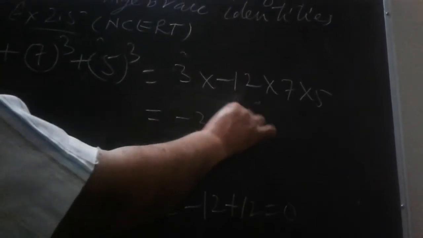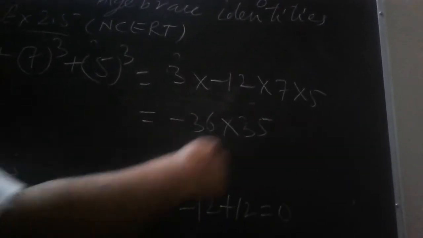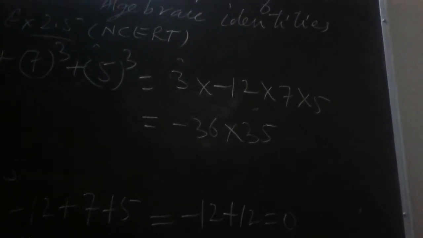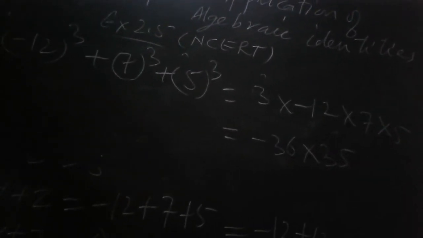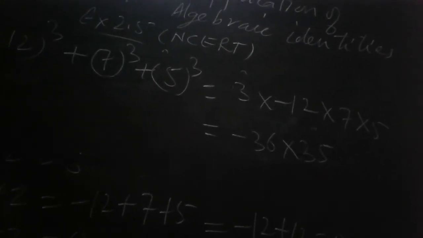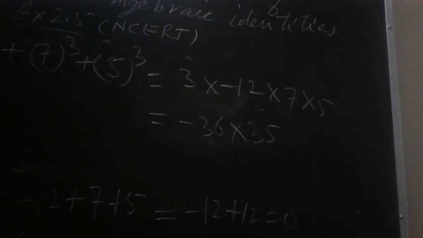Now we multiply it: minus 36 into 35, and obtain the final answer. So this is the way to find the sum of cubes of three numbers. Now see the next question.